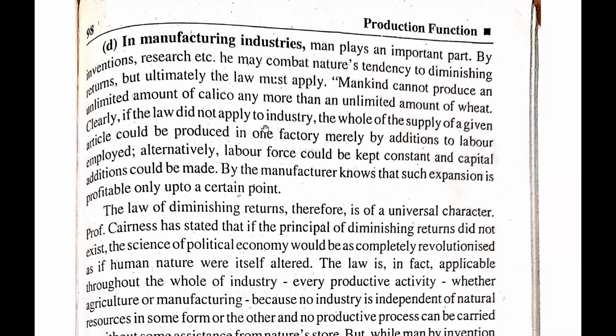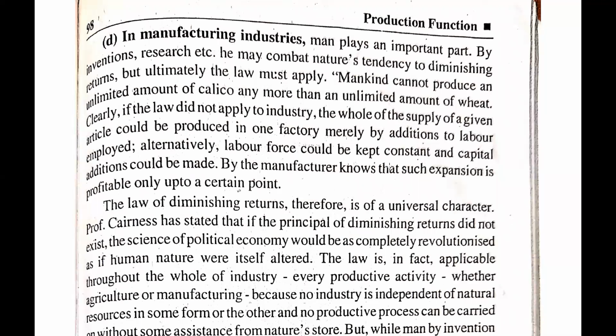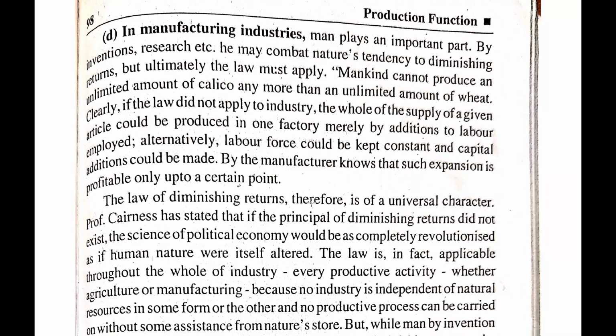Clearly, if the law did not apply to industry, the whole of the supply of a given article could be produced in one factory merely by additions to the labor employed. Alternatively, the labor force could be kept constant and capital additions could be made. But a manufacturer knows that such expansion is profitable only up to a certain point. So guys, in the manufacturing industries, the law of diminishing returns works as well.